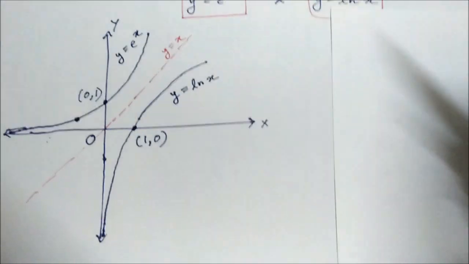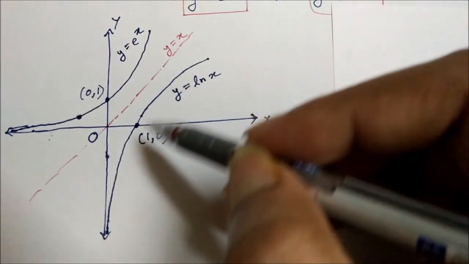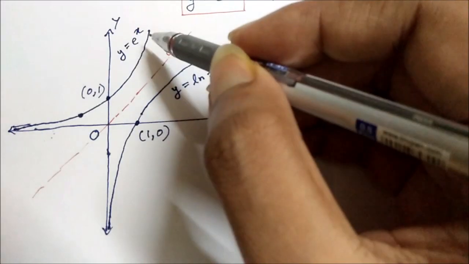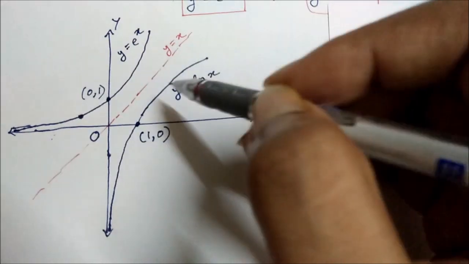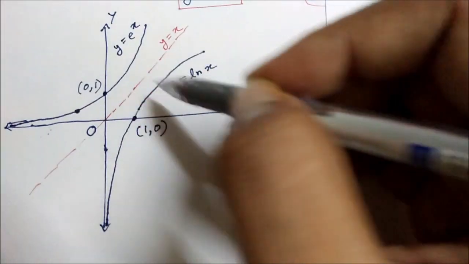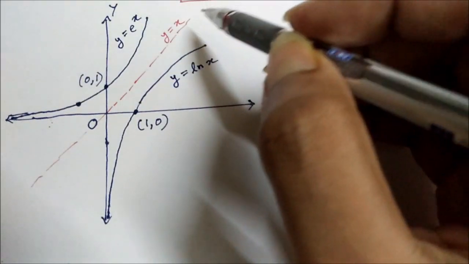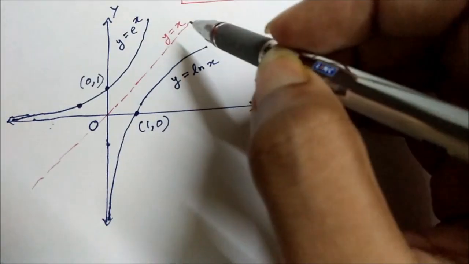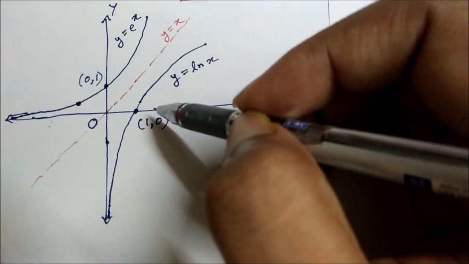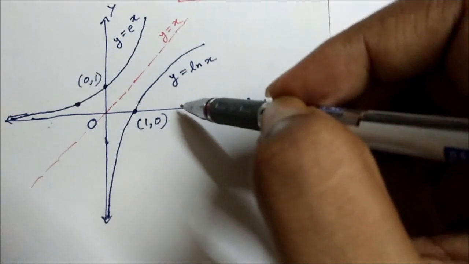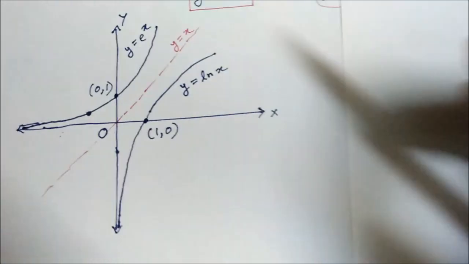Why this happens, some of you may already know, is because this function is the inverse function of this one and vice versa. So if there are two functions which are inverses of one another, they will be symmetric about the identity function, that is y equals x, the function which maps any x to the same value. If you take 5 on this line, the corresponding y value will also be 5, for example.